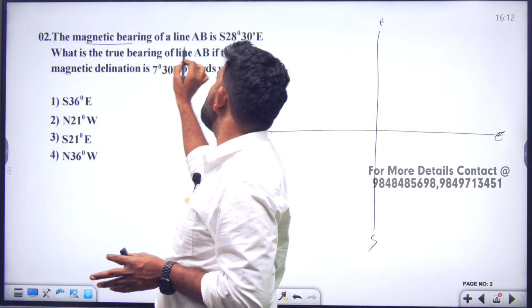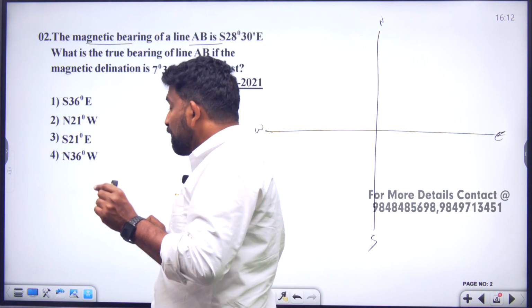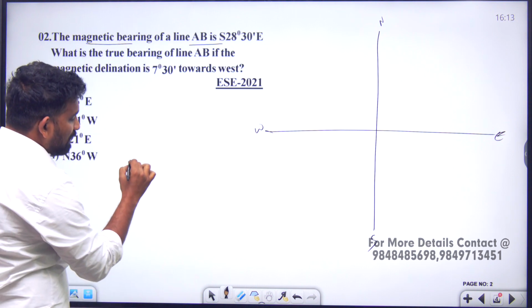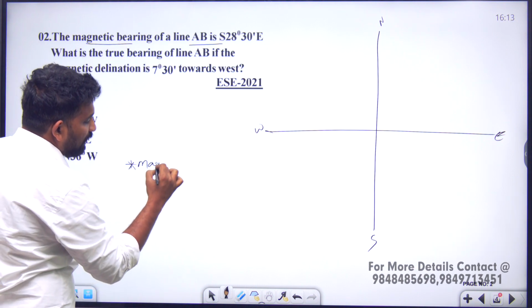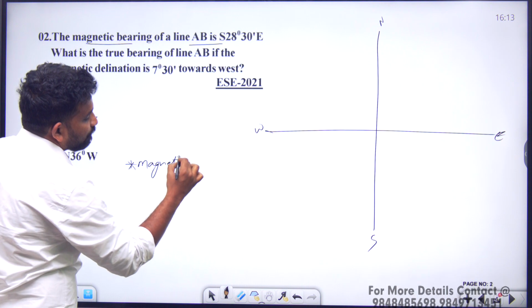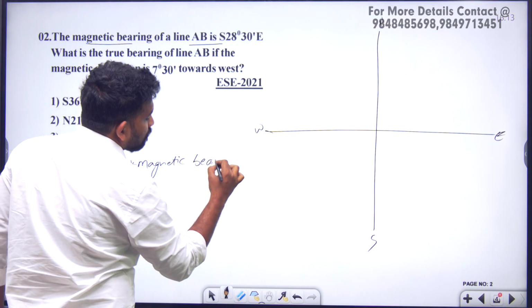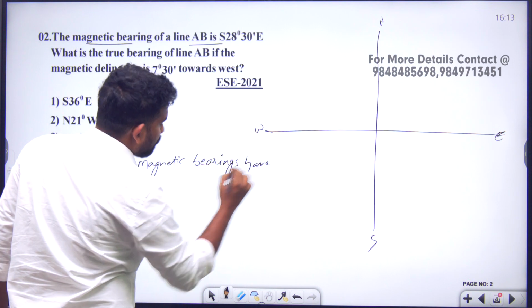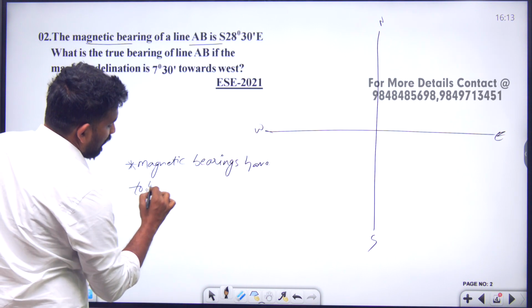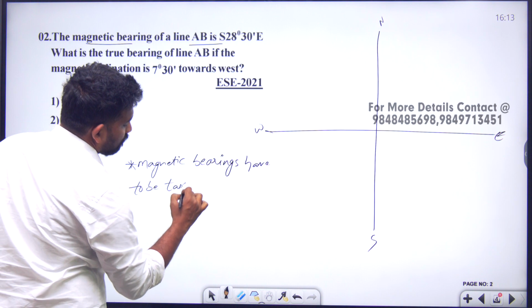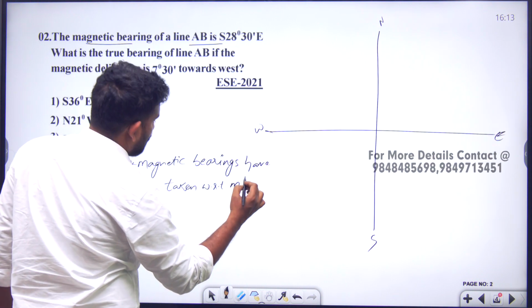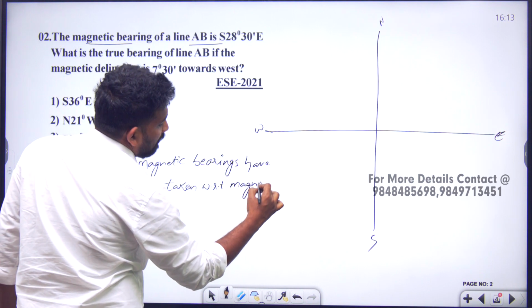Remember this line: magnetic bearings have to be taken with respect to magnetic meridians.